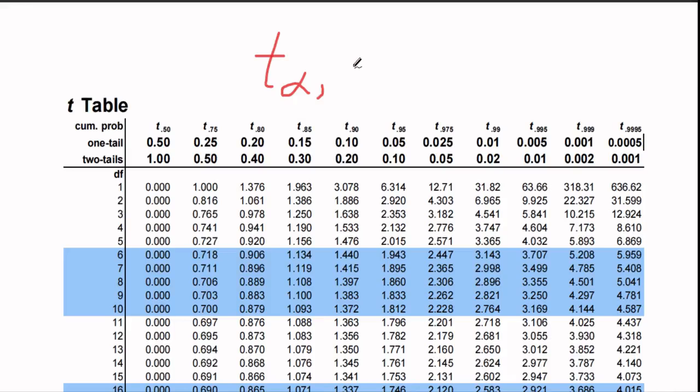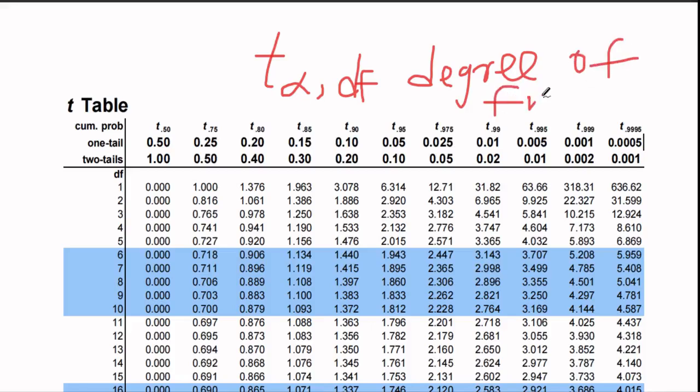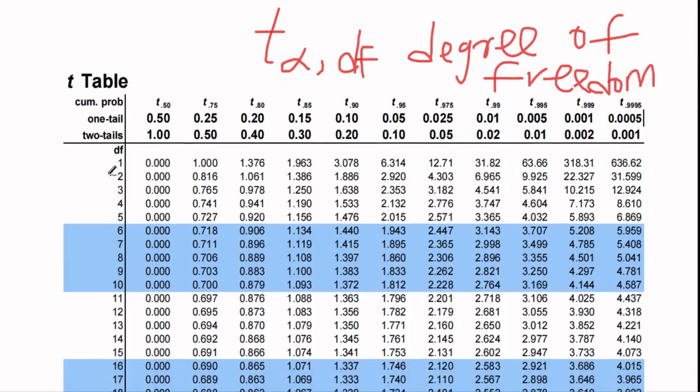I may use n, but in the table it's written df, a shortened form of degree of freedom. All right, so everybody likes to be free. But this time we're talking about the degree of freedom for the t table.